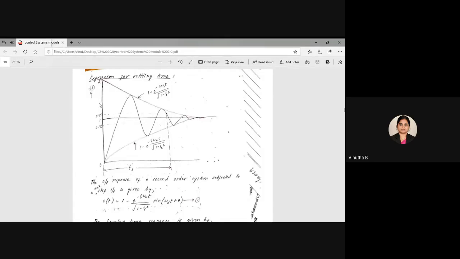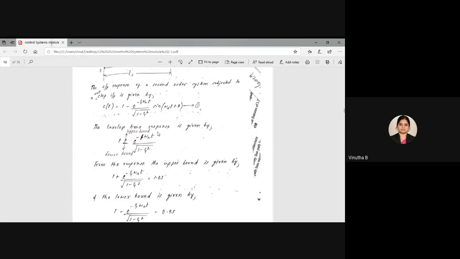So for the expression for settling time, here we have to consider, as I told you, the tolerance levels, either 2% or 5% tolerance level. So here the output response of a second order system subjected to a unit step input is given by this. Here they have considered 5%.